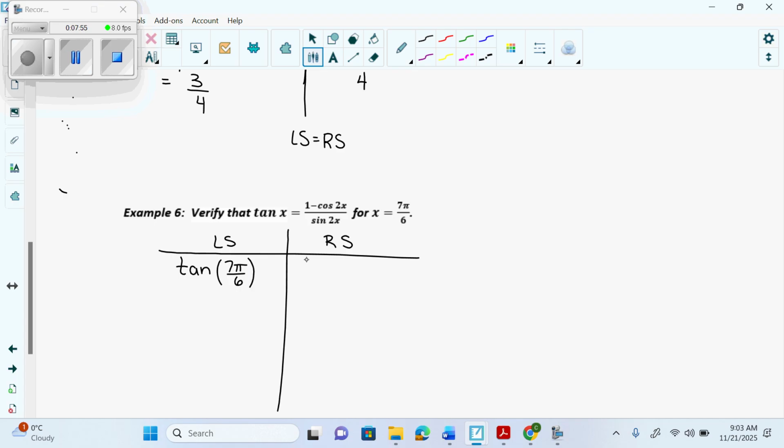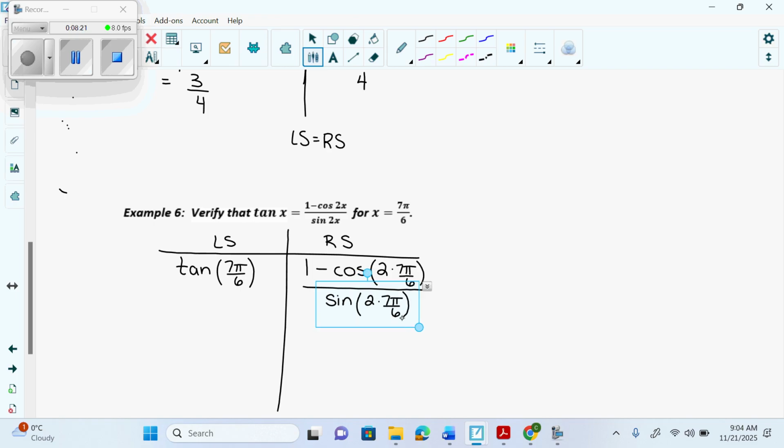And then we get 1 minus cos 2 times 7 pi over 6. So what we're actually doing, if you don't know, is we're doubling this angle and then finding cos of it. Because it's a double angle identity, right? We're doubling the angle and cosing it. And then this would be sine of 2 times 7 pi over 6.